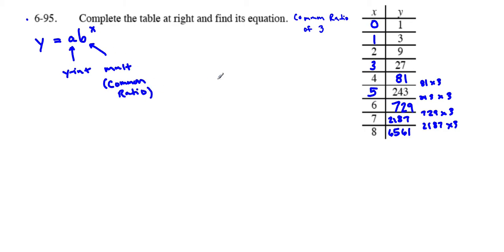So let's take a peek here. I know that my y-intercept is going to be 1. So when I put that in, it's not going to do a whole lot. y is equal to 1 times our common ratio, which we said was 3, to the power of x. There's no sense in writing 1 times 3 to the power of x. It's the same thing as saying y equals 3 to the power of x. This is an exponential function.